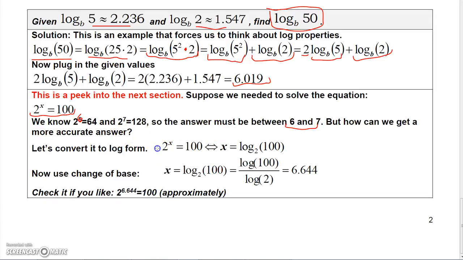Well, 2 to the x equals 100 is the same as saying x equals the log of 100 base 2. If I wanted to, I could write log of 100 base 2 as the common log of 100 over the common log of 2, and that would give me 6.644. And you can check it if you like, but you'll find that 2 raised to the 6.644 is approximately 100.